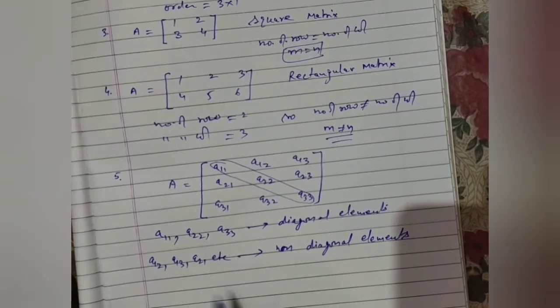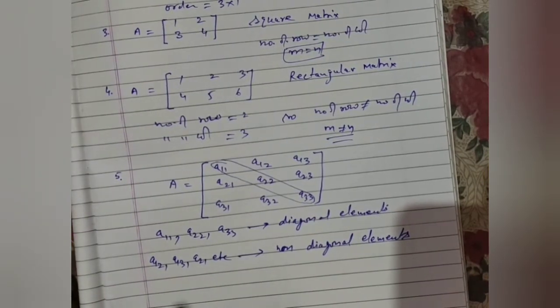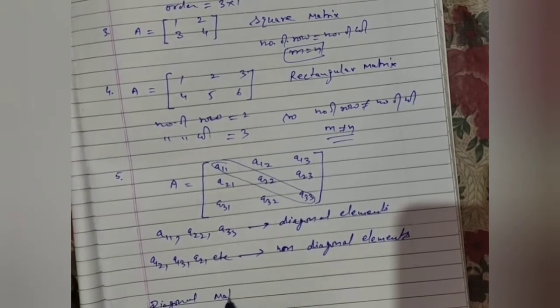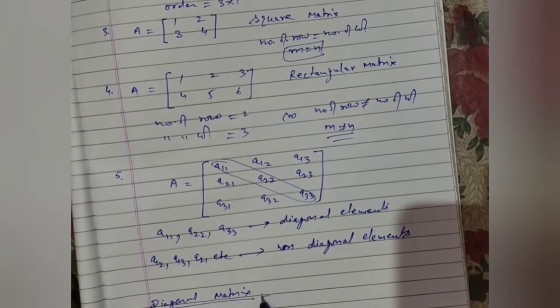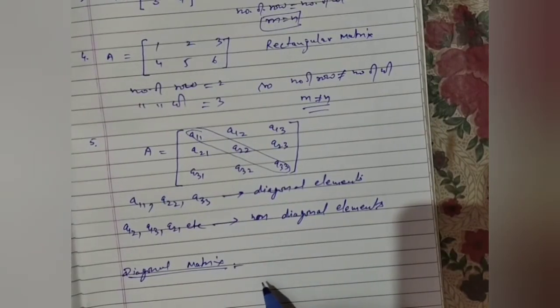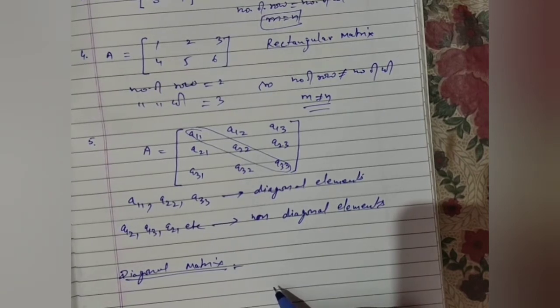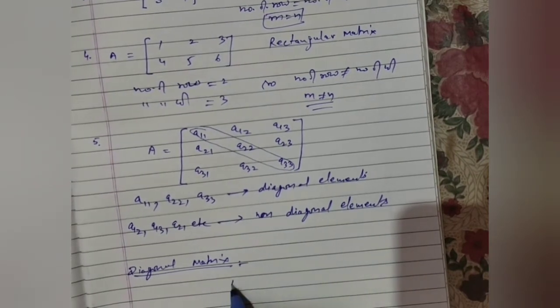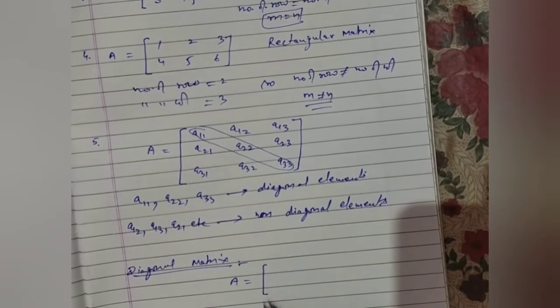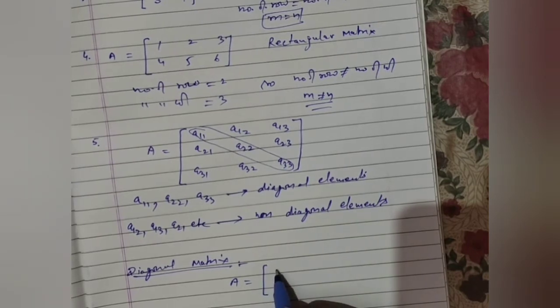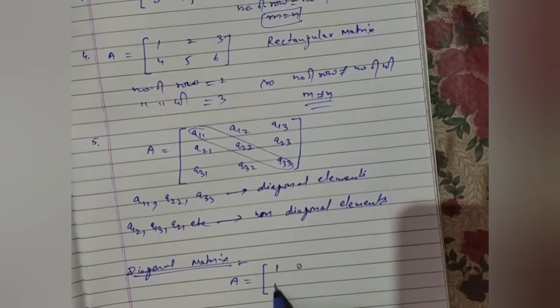A diagonal matrix is a square matrix in which all non-diagonal elements are 0. Square matrix means the number of rows is equal to the number of columns. This is a diagonal matrix.